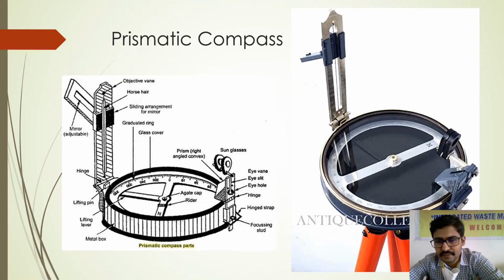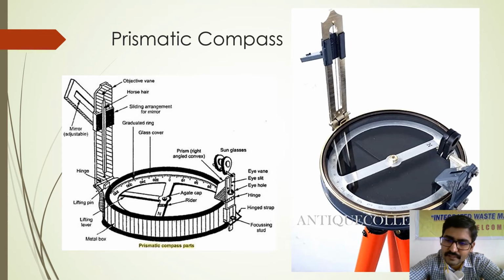Whenever you keep the magnetic needle suspended at a single point, balanced on that particular point, it will oscillate and it will have its orientation along the north south direction, right? So that is the magnetic needle, and the magnetic needle is attached to the graduated circle.